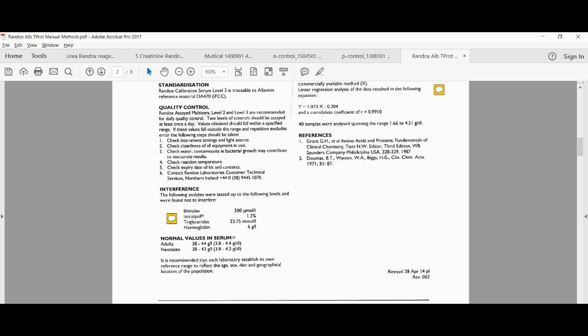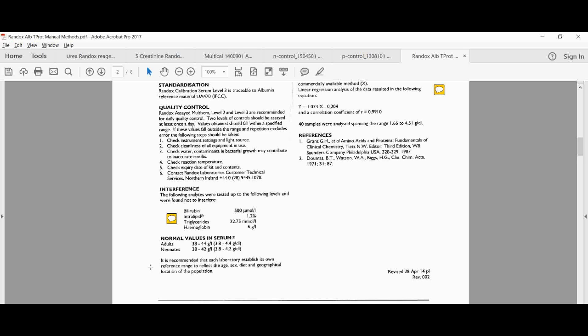The purpose of each laboratory establishing its own reference range is because a normal range will differ from population to population because of the environmental factors and the age difference and the sex difference, etc. For instance, there might be people that eat a certain type of food in Africa or in South Africa. Maybe they like a lot of curry, or maybe they like a lot of vegetables.